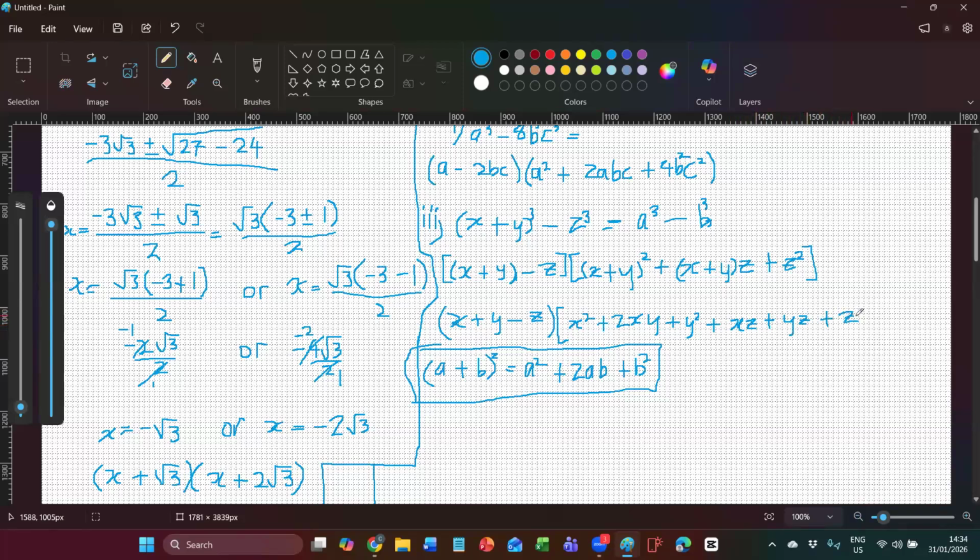Okay, so now because of the nature of this one, it has the potential to be taken further because it still looks a bit clumsy. If we were to do that, we would simply be collecting the guys that look like terms.